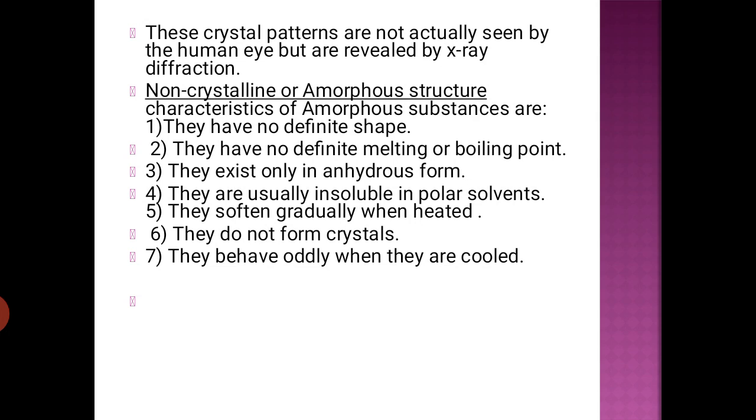Number 1, they have no definite shape. Number 2, they have no definite melting or boiling point. 3, they exist only in anhydrous form. Only in anhydrous form can this one exist.